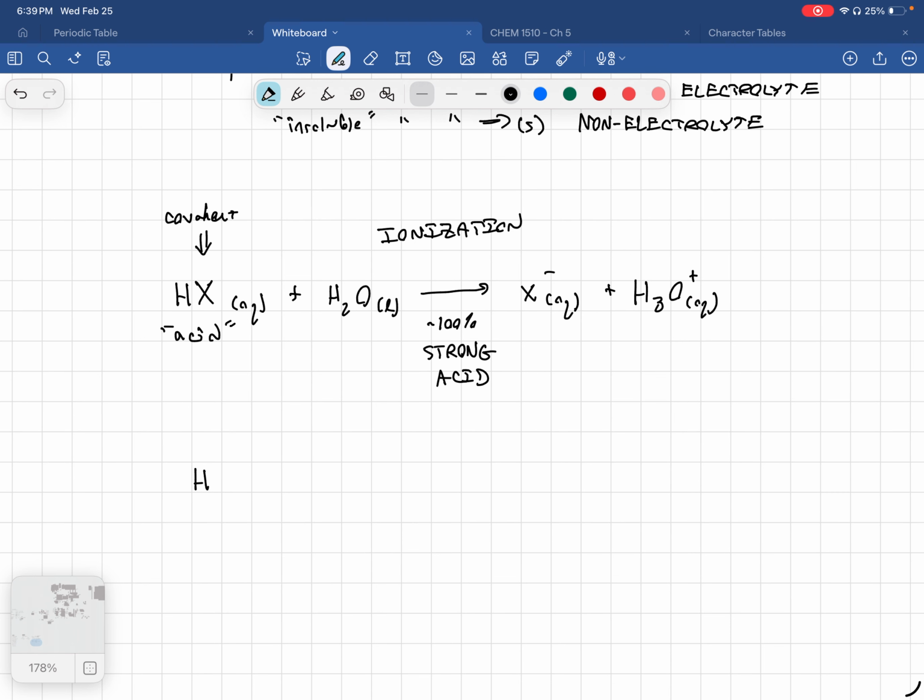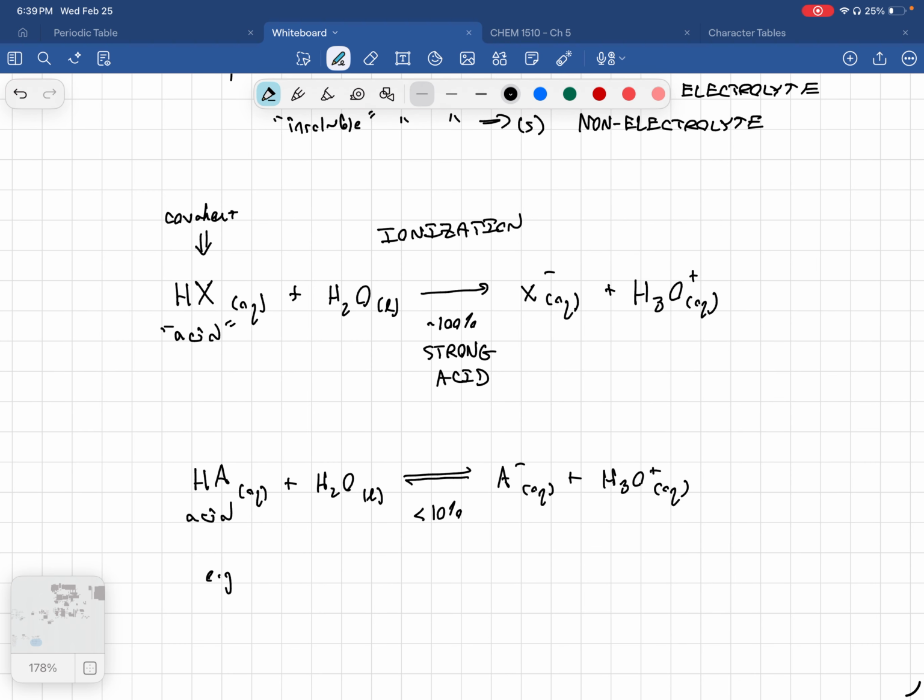We could also have an acid react with water and not undergo total ionization, so maybe less than 10% ionization to form A minus, aqueous, plus H3O plus.